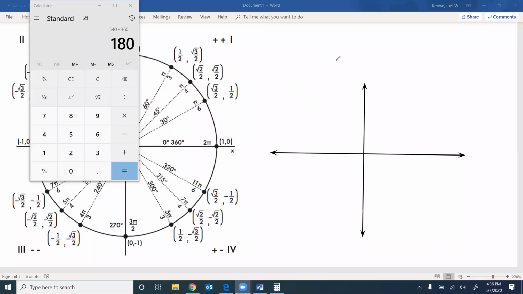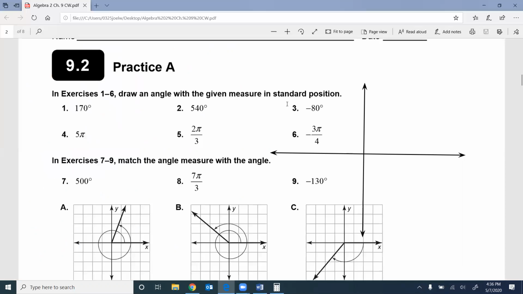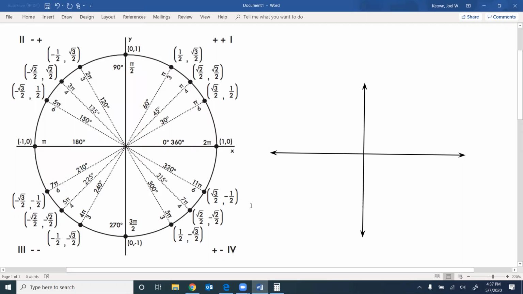All right, and let's look at the next one. The next one says negative 80. Well, negative just means I go the opposite direction. So annotate, negative 80 degrees. Normally we go counterclockwise.